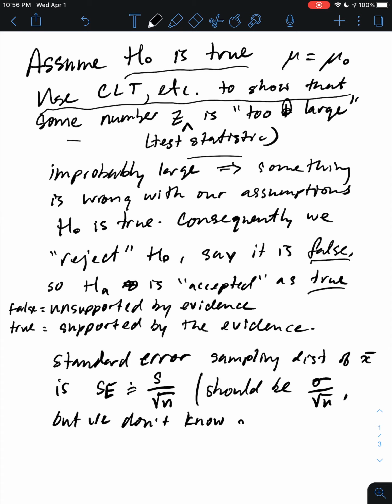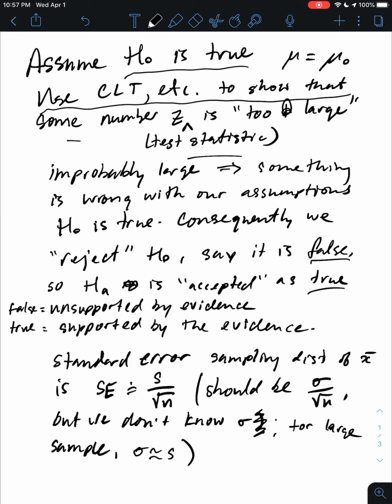And the mathematicians have shown that for a large sample, sigma is approximately equal to s. So we are going to use the standard error s over the square root of n.